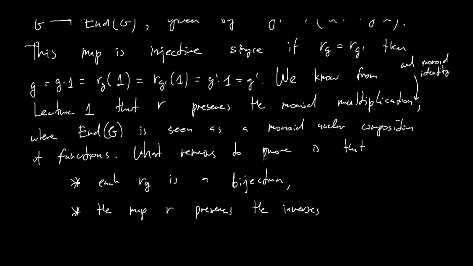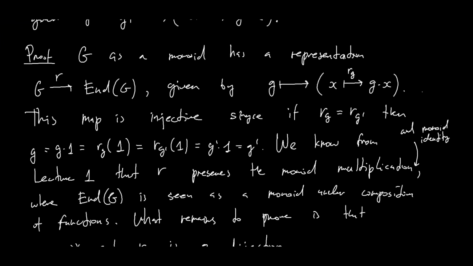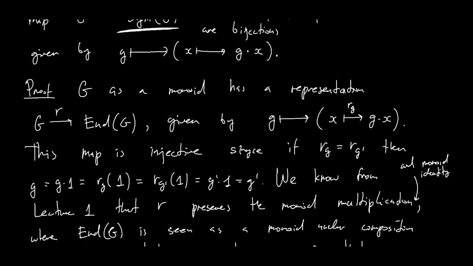At least I'm not sure now if we actually proved that or not. But it's not difficult to see that it does preserve the identity element, because if 1 is the identity element of the group G, then the function will be mapping x to 1 times x, and of course that's the function mapping x to itself, which is the identity function, the identity element for the composition of functions.